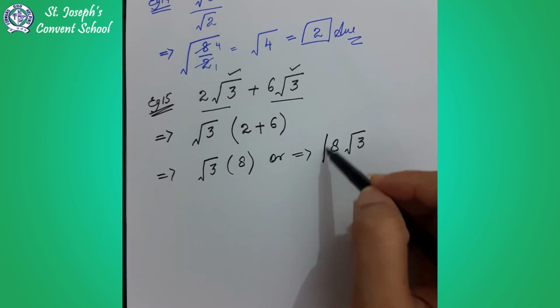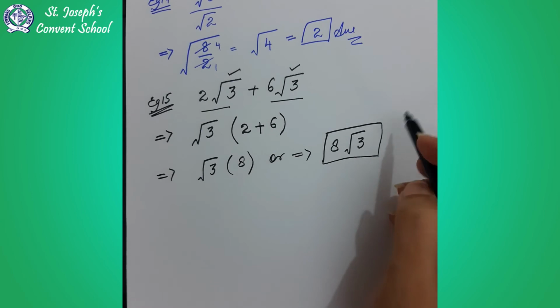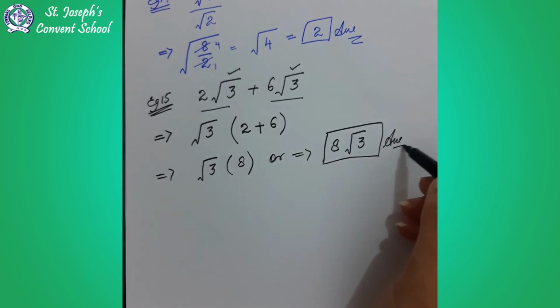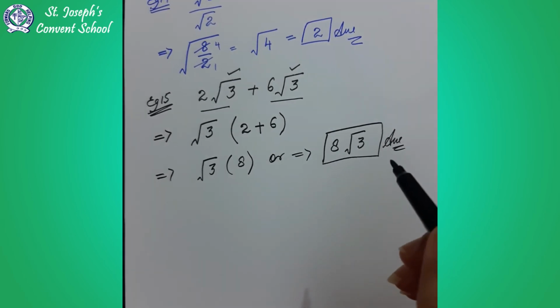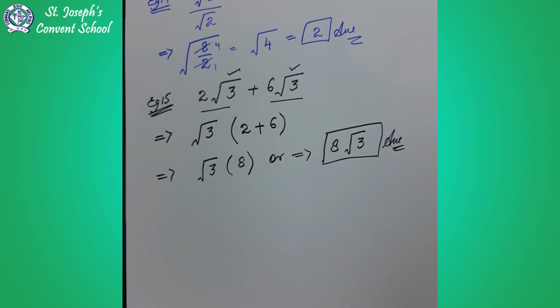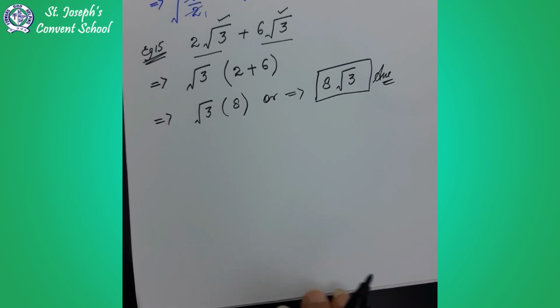This way we write. So this is the answer. That's how we add. Whenever the root is the same, only then you can add or subtract. If roots are different, you cannot add or subtract. Remember this.